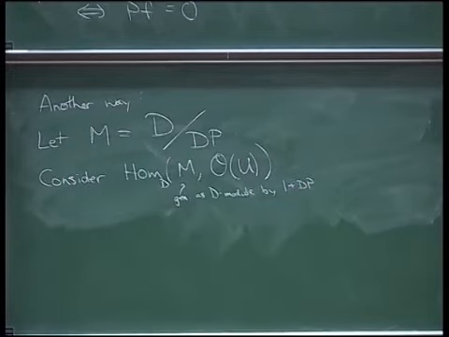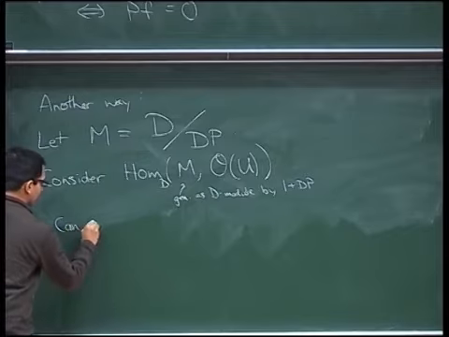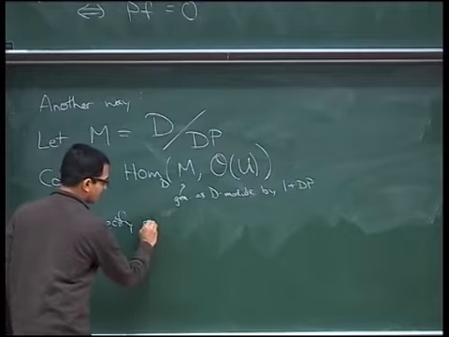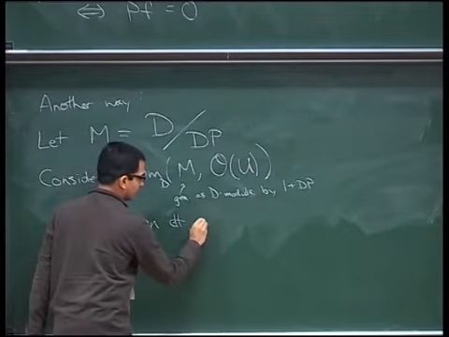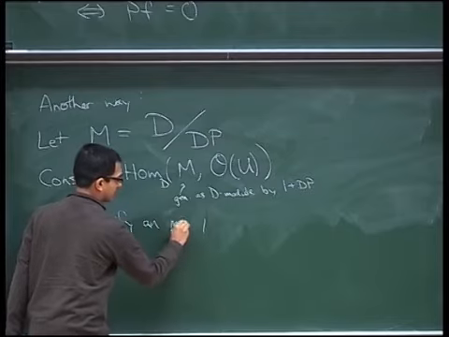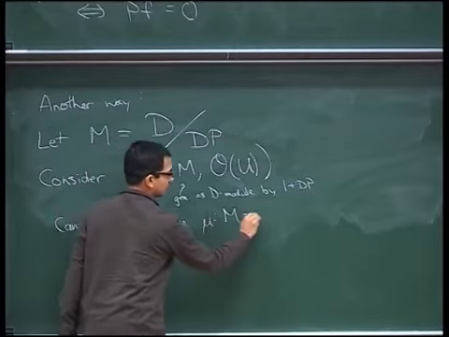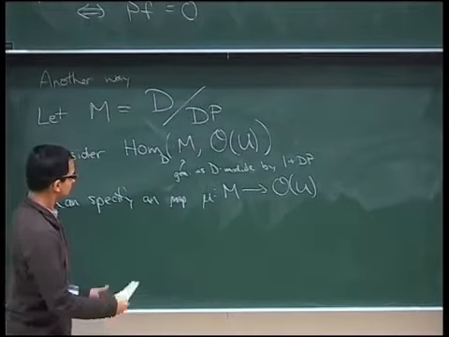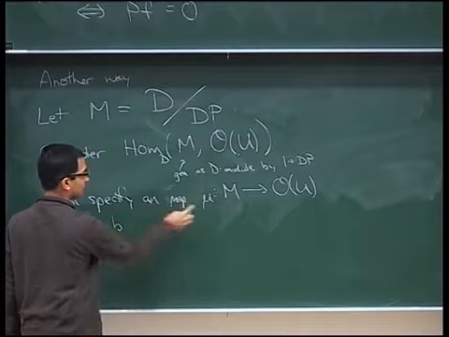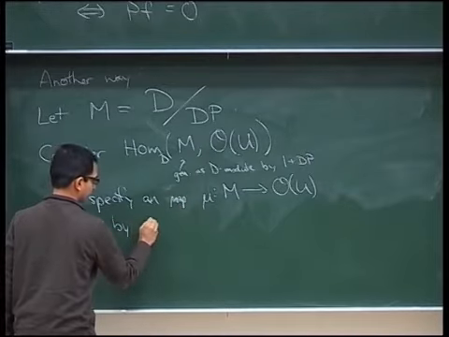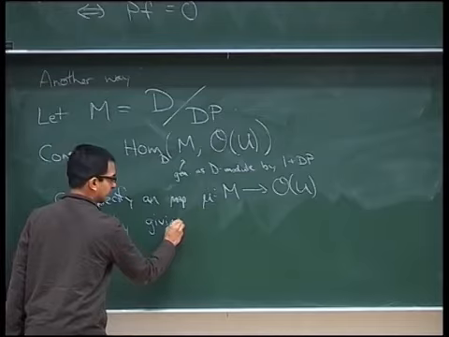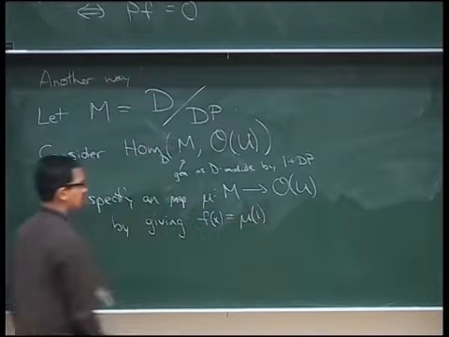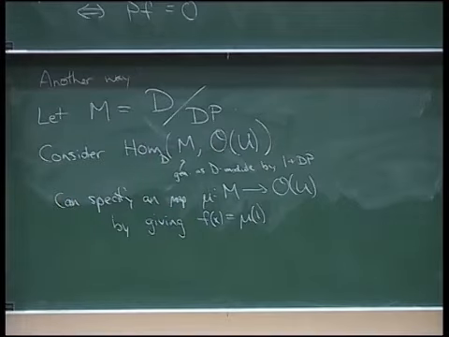And so of course I can specify a map mu from M to O of U by telling you just what mu of 1 is. Okay, so if I give you one function, then that determines the map.